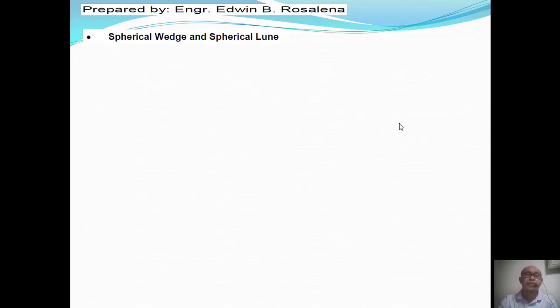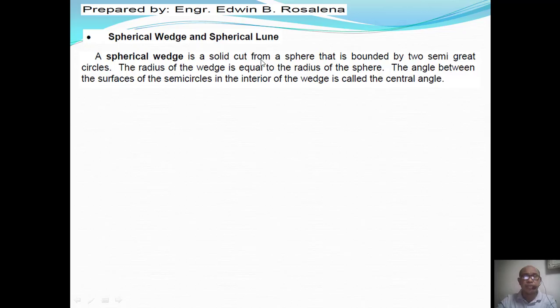The first solid cut from a sphere is what we call a spherical wedge, and the surface of that wedge is what we call a spherical lune. A spherical wedge is a solid cut from a sphere that is bounded by two semi-great circles.